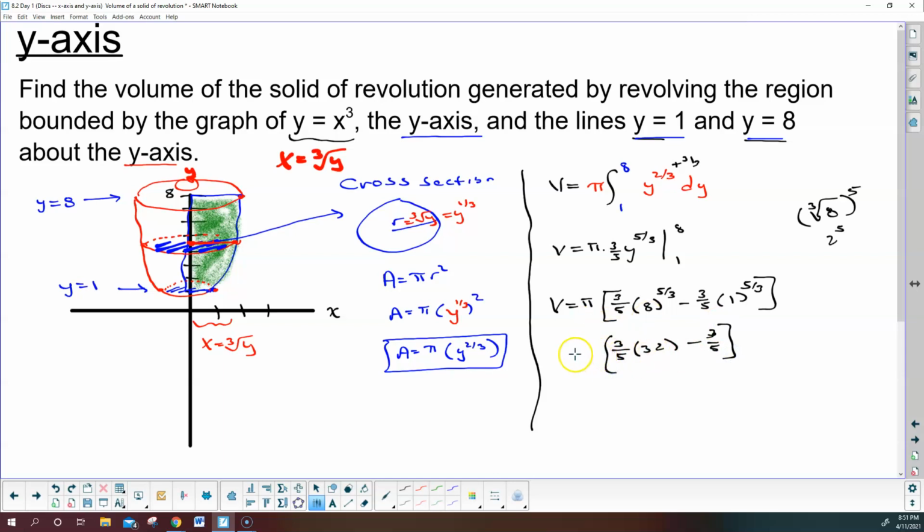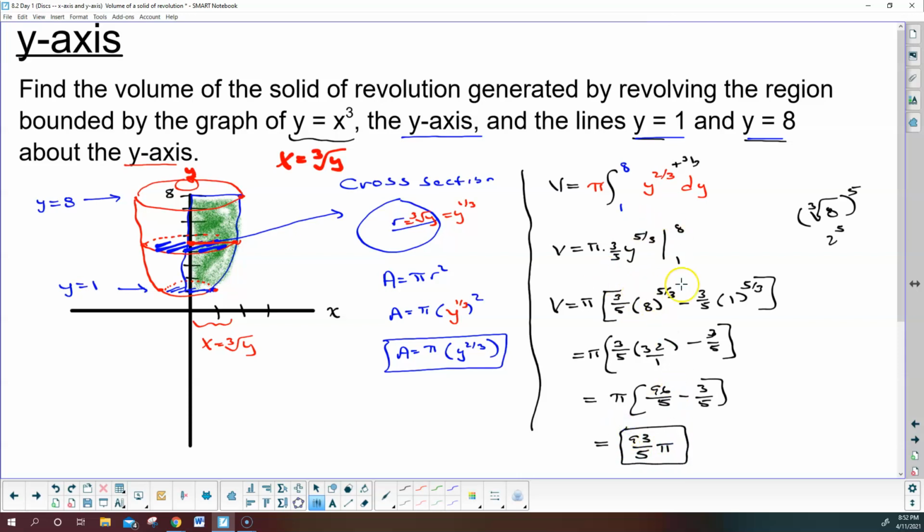And then we just have to simplify. Think of that as 32/1. And if I do 3 times 32, we get 96 over 5, and then minus 3/5. So then we get 96 minus 3 is 93 fifths, and then pi just pops in right at the end.